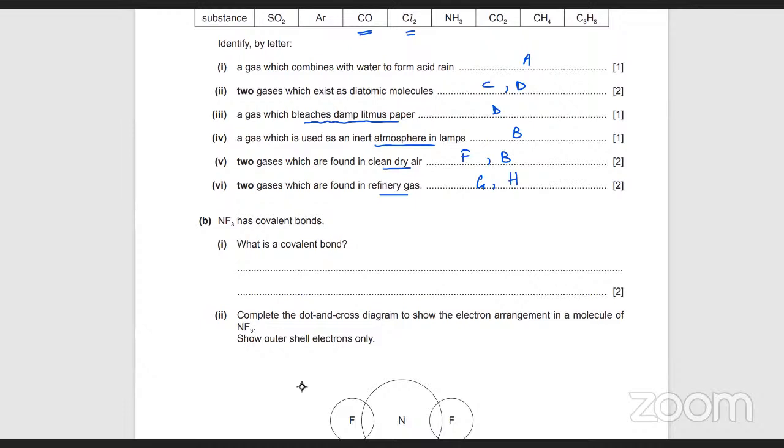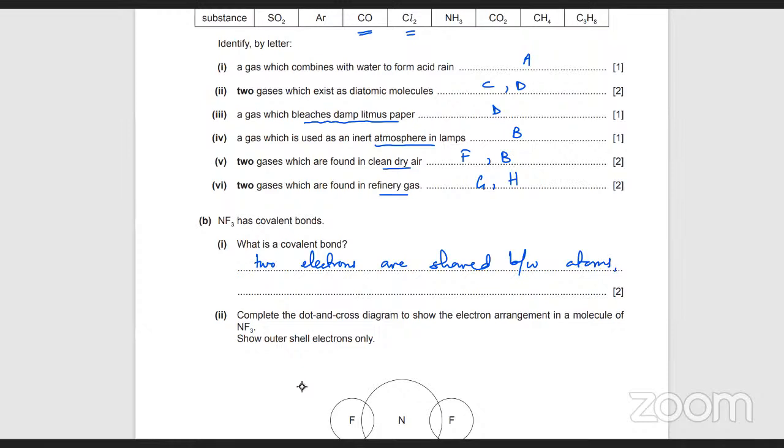Yes. So what's a covalent bond? It's when two electrons are shared between atoms.